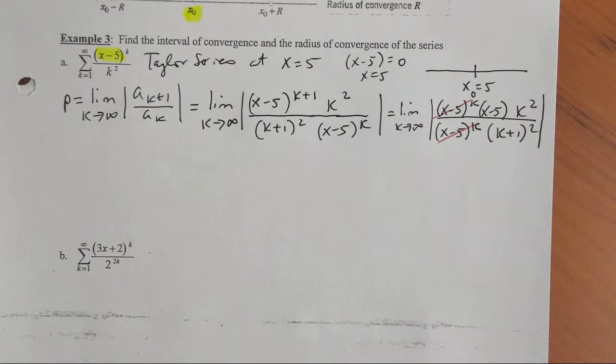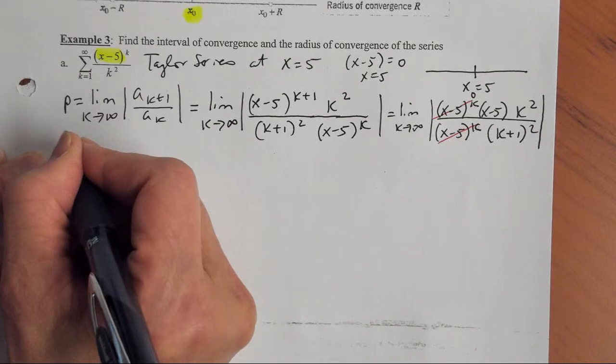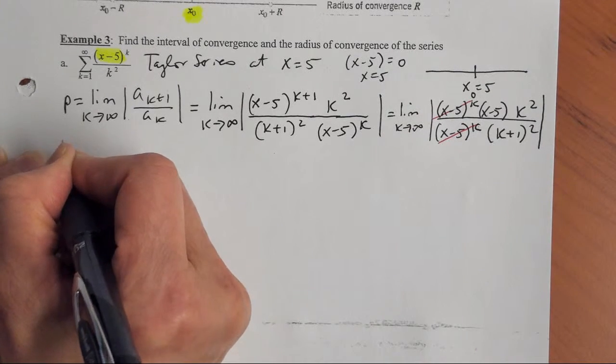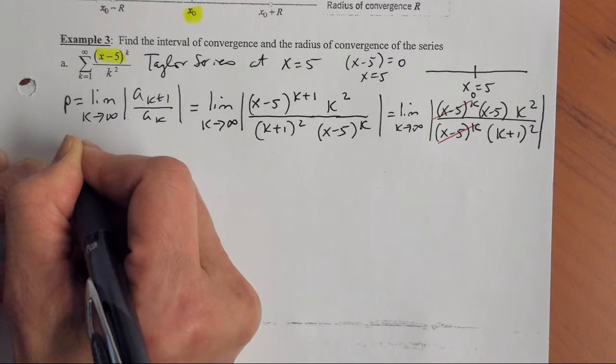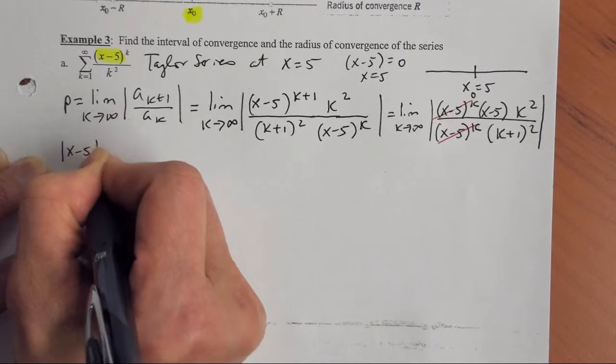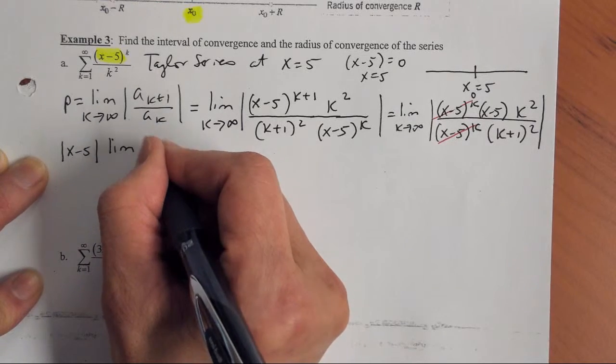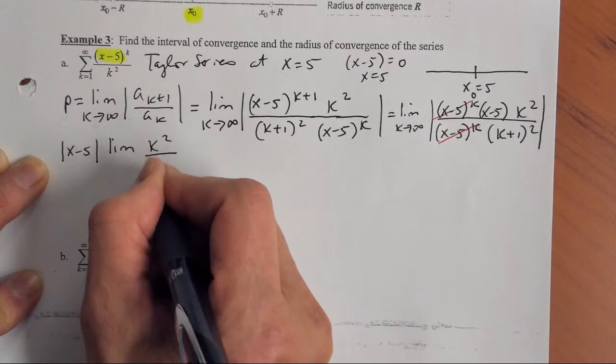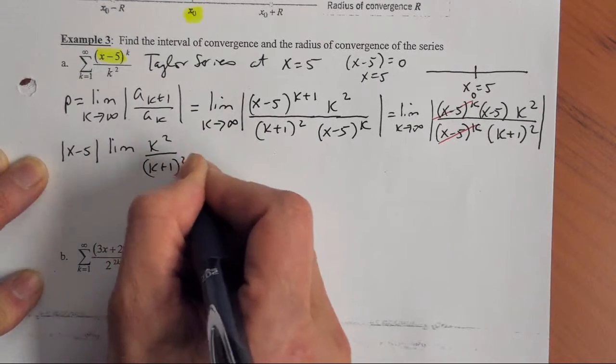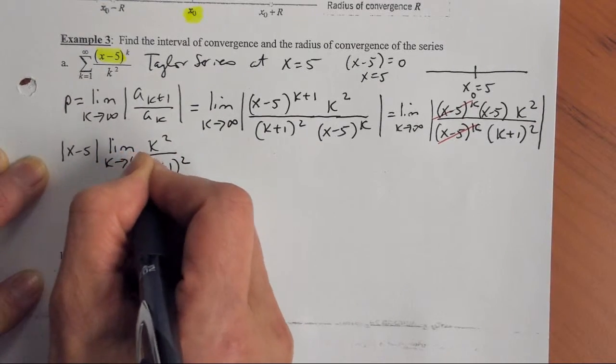All right, so what can I pull out that is not affected by k? X minus 5. So then this x minus 5, make sure you have that still in absolute value, and what gets left is the limit of k squared over k plus 1 quantity squared as k approaches infinity.